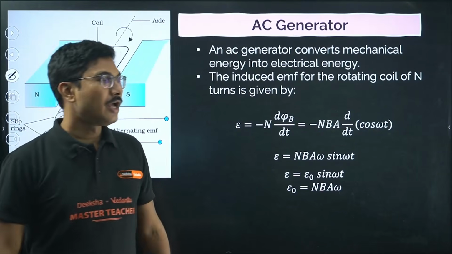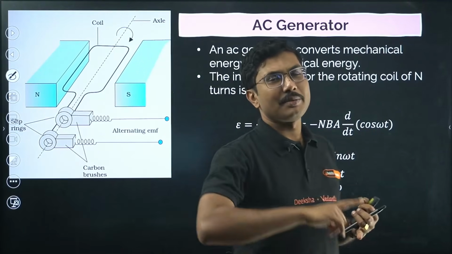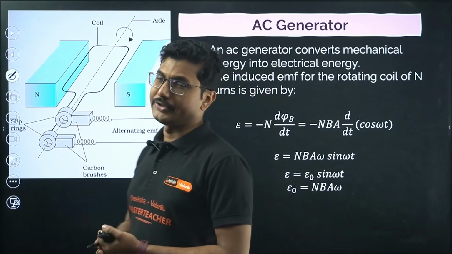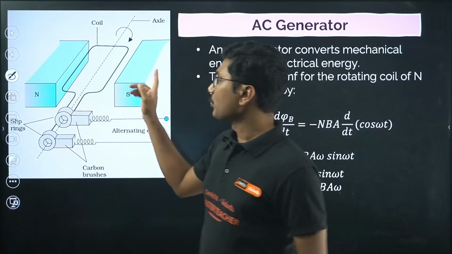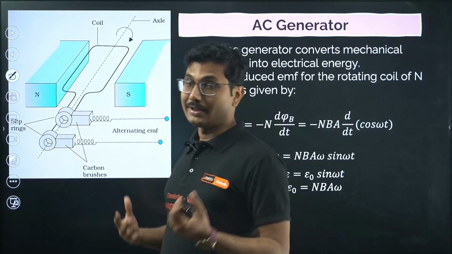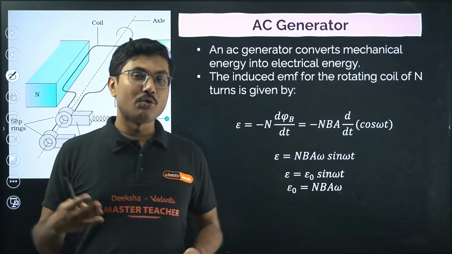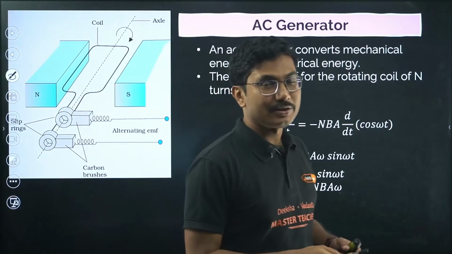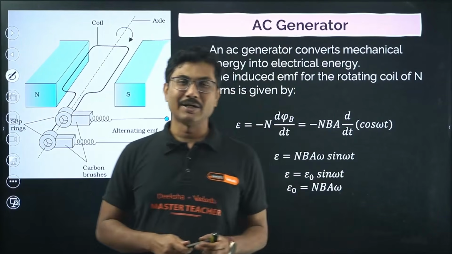It may be hydroelectric power, it may be coal based electric power, it may be any other form of electric power. Always there is a rotating coil inside a magnetic field. We say turbine, if you have heard the term turbine. Flow of water is used to rotate a turbine, and then the turbine is producing electric energy. Now what is a turbine?